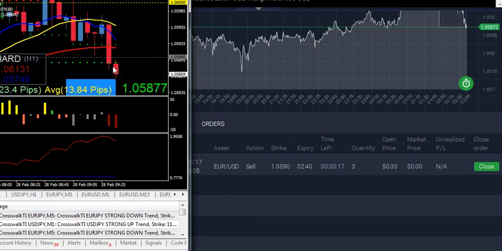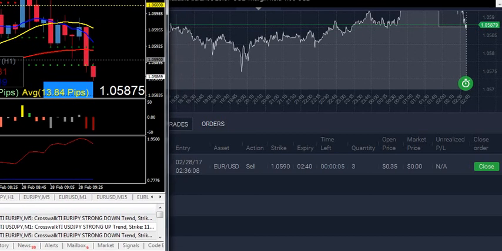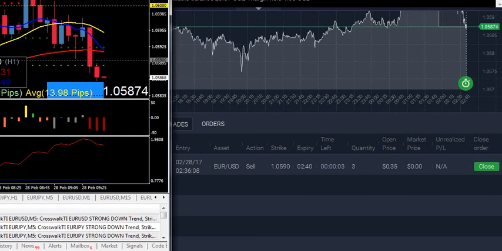We hit central pivot, and then there's that continuation with the market continuing to move forward.